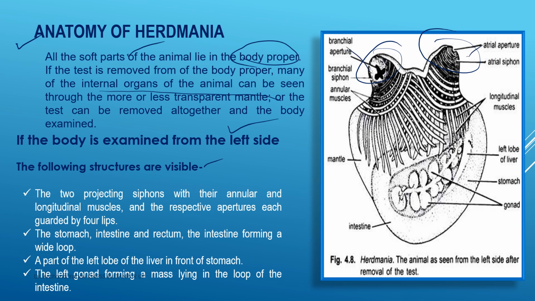Number one is the branchial aperture, number two is the atrial aperture, and they have corresponding muscles like annular muscles and longitudinal muscles which run up to the middle of the body, and the respective lips of the aperture which are also seen here, and the stomach and intestine and rectum, basically the intestine forming a wide loop, the part of the left lobe of the liver which is present in front of the stomach, the left gonad which forms a mass lying in the loop of the intestine, this one.